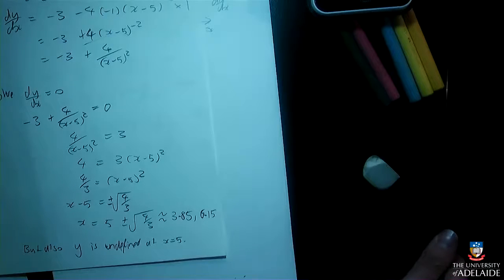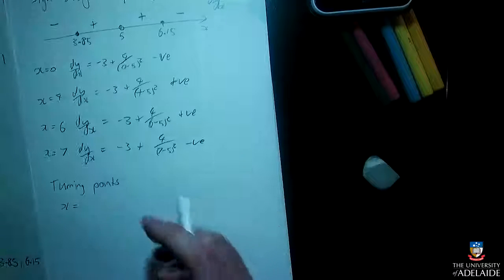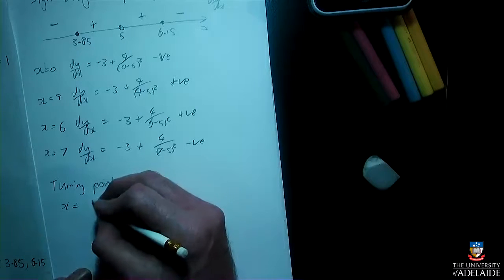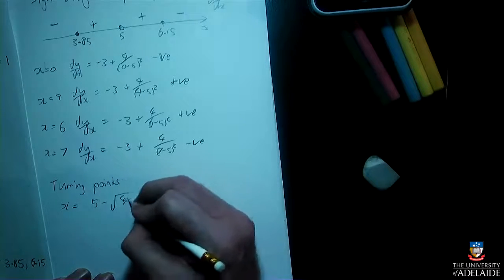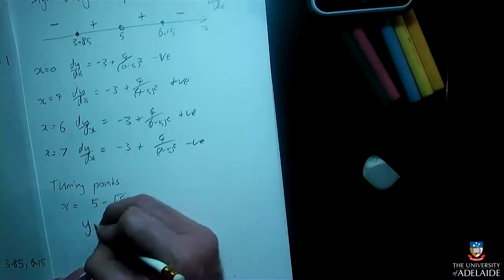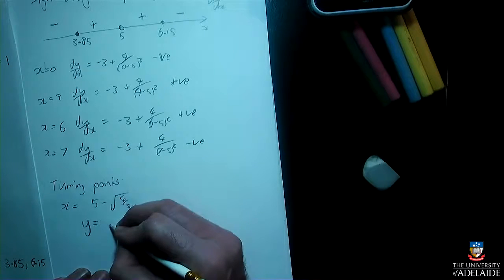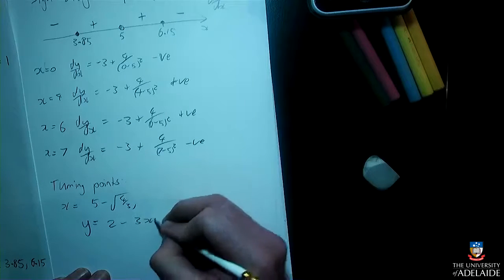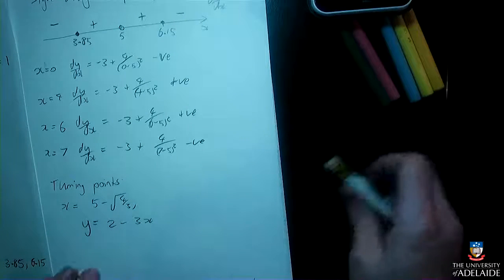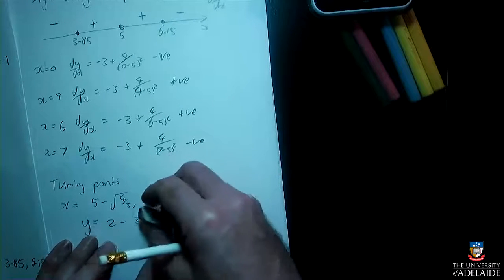Actually, it's not too bad, because I know what x minus 5 is. I reckon I can sub them into the function directly without using decimals. Oh, that's going to be cool. I love it. So we have 5 minus root 4 on 3, where y is equal to 2 minus 3x. No, I can't be bothered.